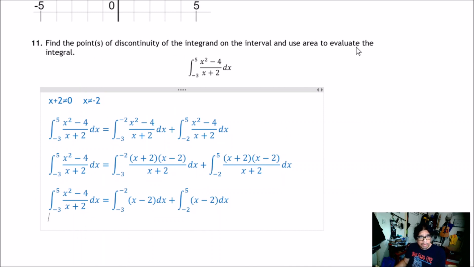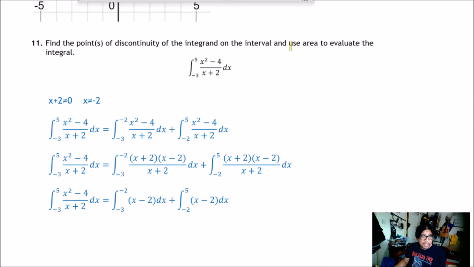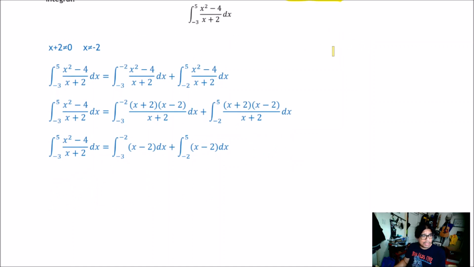It says to use area to evaluate the integral. So let's use area to evaluate this. We know x minus 2 is a very simple function. x minus 2 is a linear function. Looks like it has a y-intercept at -2 and a slope of 1. So we'll draw one of those.